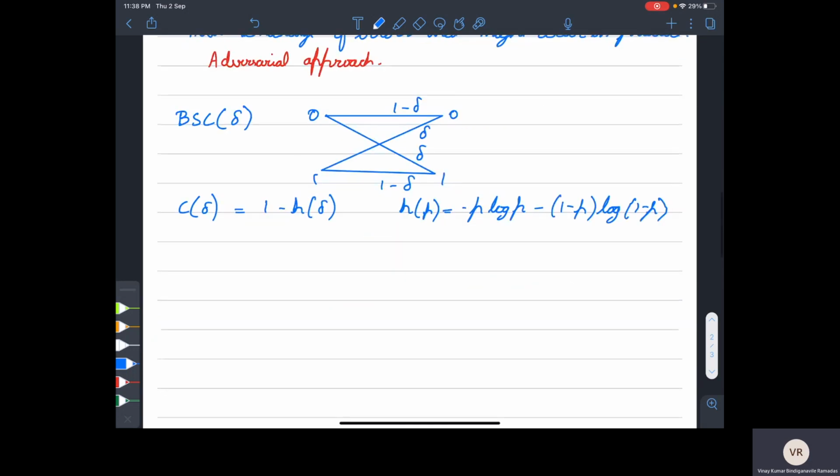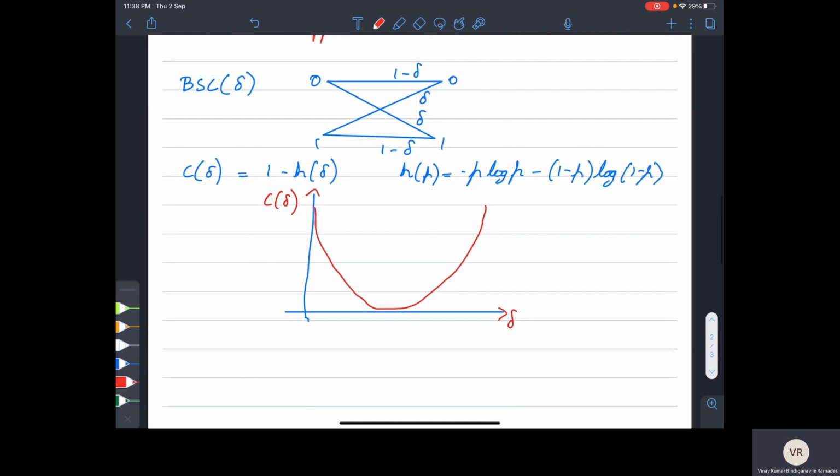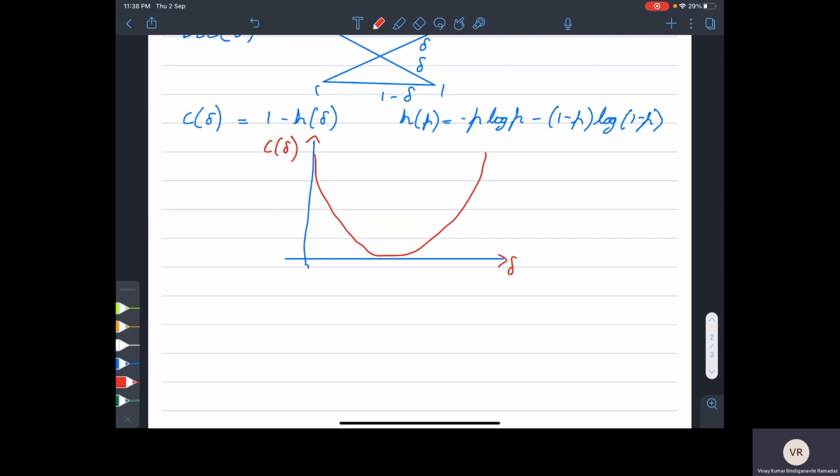And if you look at a plot of this, it looks something like this, because h of delta is a concave function. So make it half.